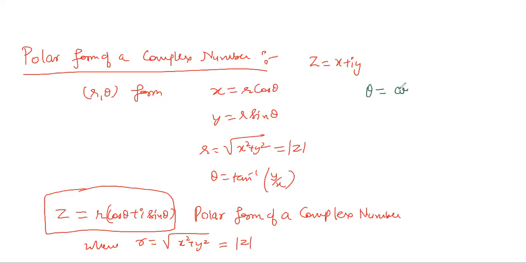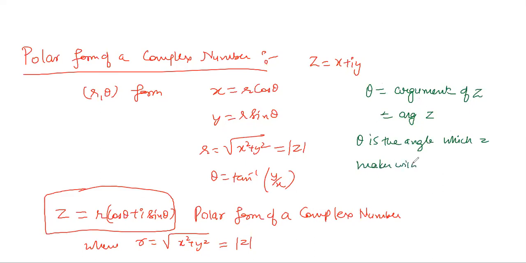Theta is called the argument of z, right? This is the notation arg. So this is argument of z. This is the standard notation for arg. And what is theta actually denoting? Theta is the angle which z makes with the positive x axis.